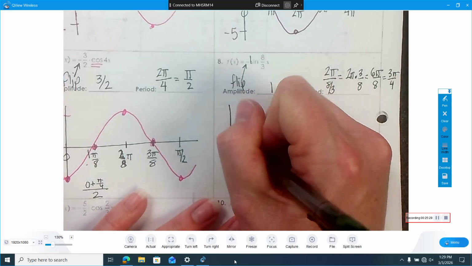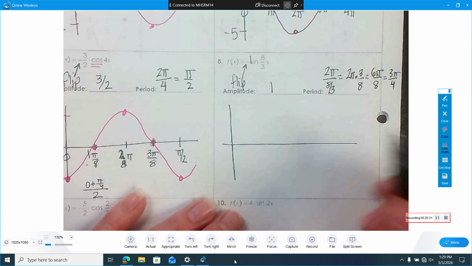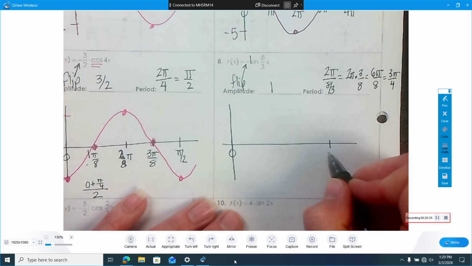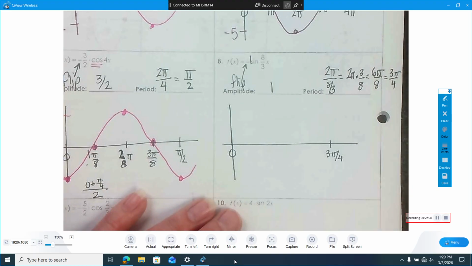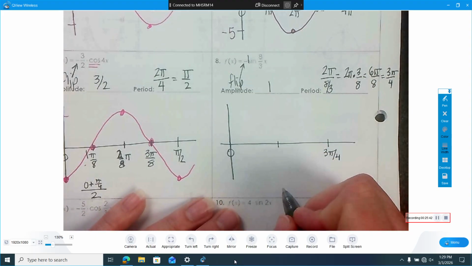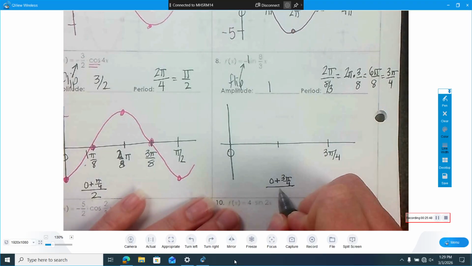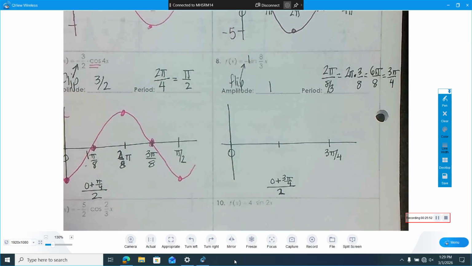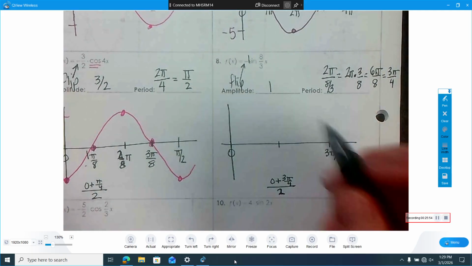All right, so I have my vertical and my horizontal, so I'm starting at 0, and where do I end at? 3 pi over 4. What is halfway between 0 and 3 pi over 4? Careful. And what's halfway? 3 pi over 8.